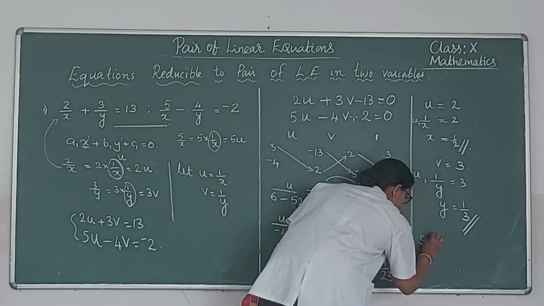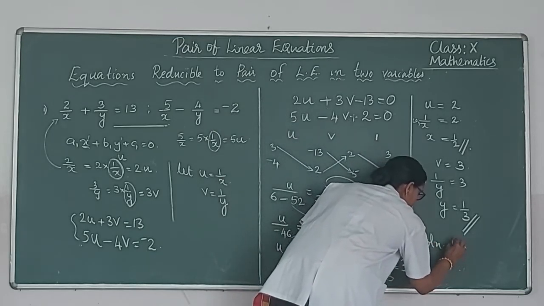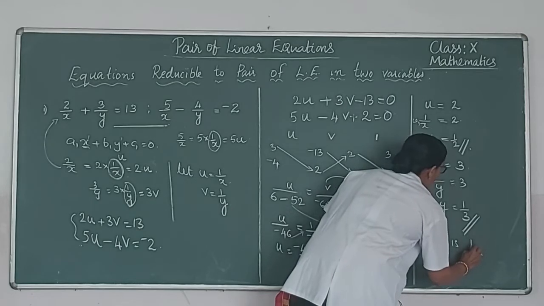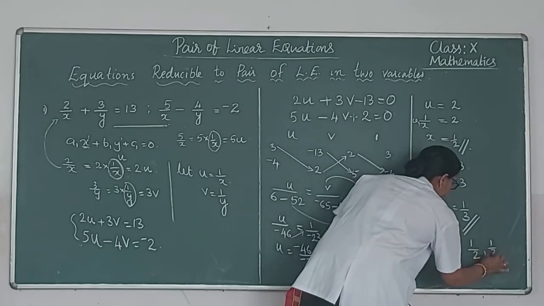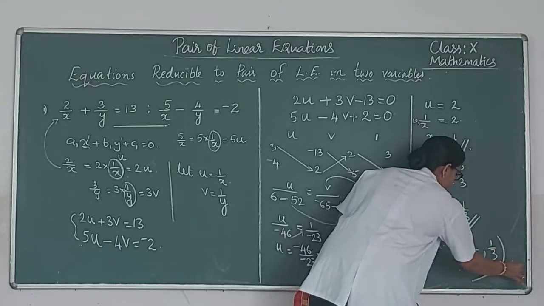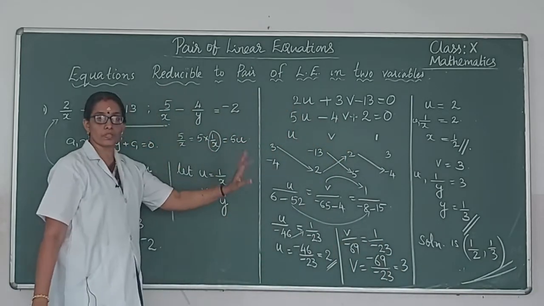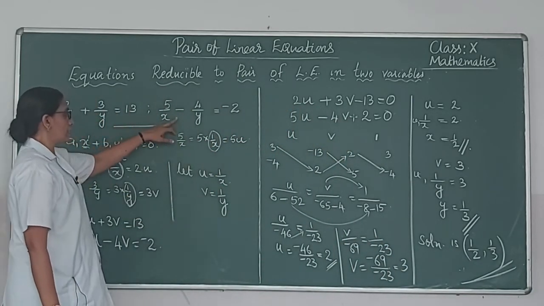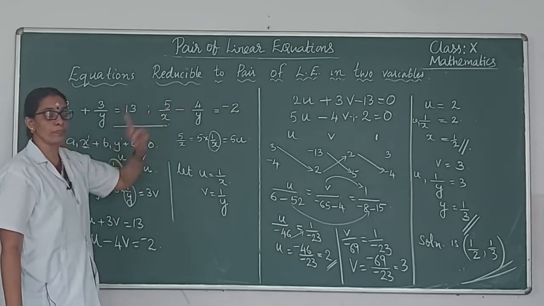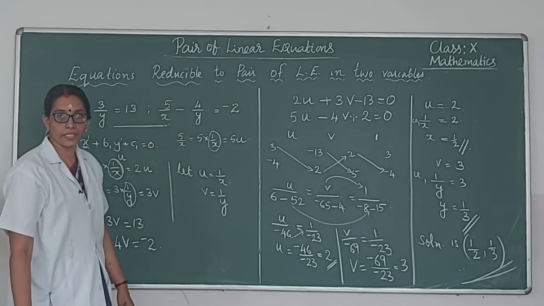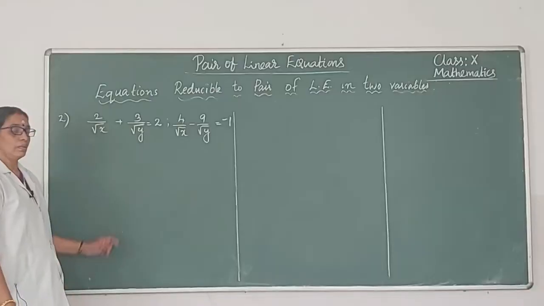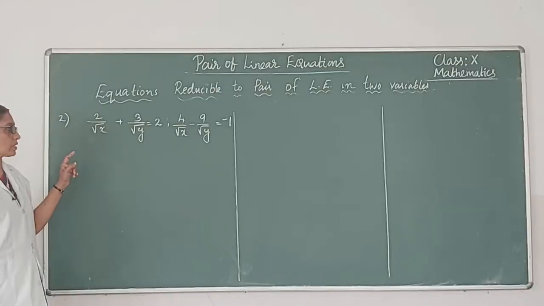The solution is 1 by 2, 1 by 3. Okay children, so this is the method to solve equations which are reducible to a pair of linear equations in two variables. Now come to the next question.